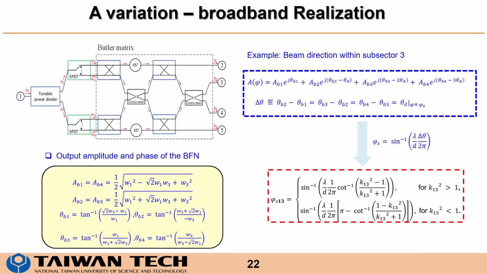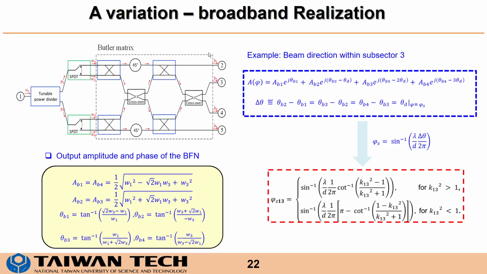After using the equation analysis, we can figure out that with the structure of Turing power divider, cascaded with SPDT and parametric, we can fulfill the continuous beam scanning array and enhance the bandwidth of the structure.